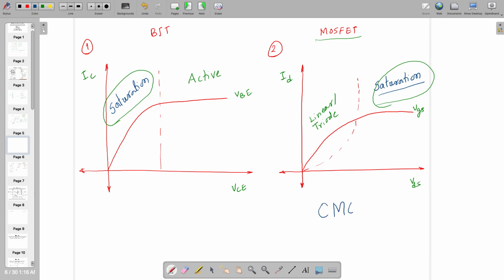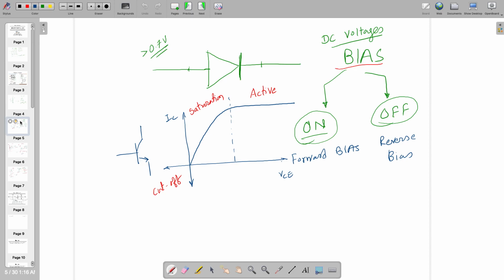CMOS. Have you heard about this CMOS? If you switch on your laptop, you will see somewhere CMOS battery and CMOS BIOS and all these things written with CMOS. CMOS must be there. It's complementary metal oxide semiconductor. Okay. Is it answering your question?